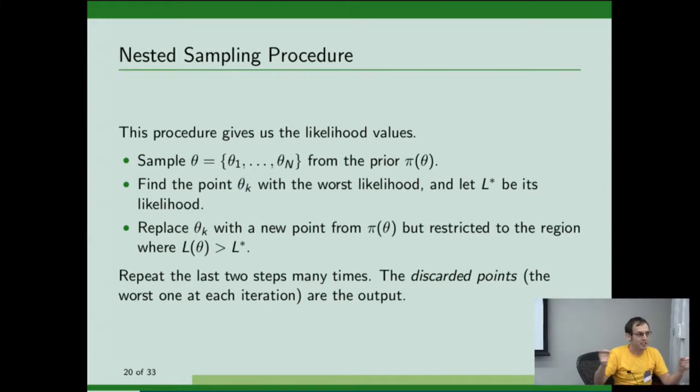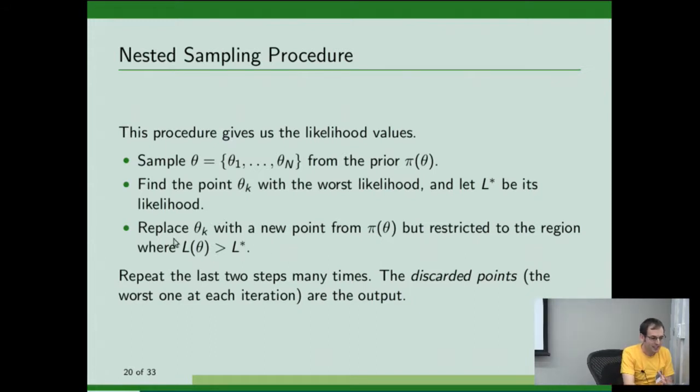So you replace that worst point with a new point drawn from the prior, but because you're no longer interested in low likelihood regions below L star, you have to restrict the domain you're generating the point from to the region where the likelihood is above the point that you just discarded.